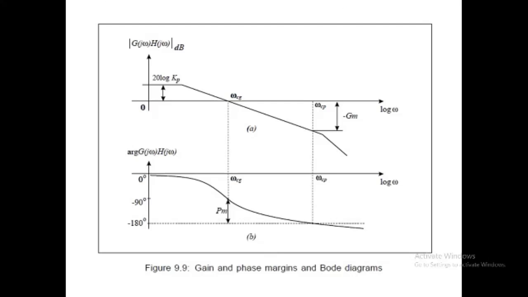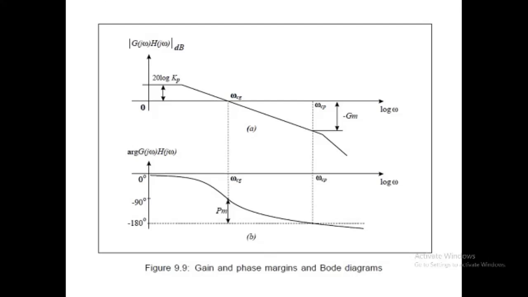For the magnitude, we see that for a small omega, the magnitude is very close to 0. But for a large value of omega, we can neglect 1 compared to omega upon p, so that we have a similar result as for a pure integrator. That is, we obtain an attenuation of 20 dB per decade.